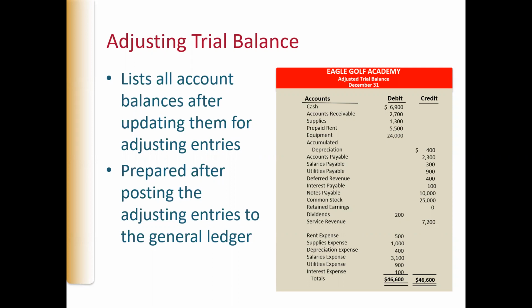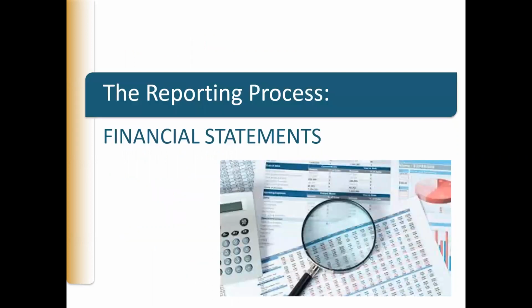Now, this week, we're going to create financial statements based on this adjusted trial balance. Can you guys see it? Okay, it's up and running. So remember, this whole process is to communicate information about a company to the end user, and we do that in the form of financial statements.